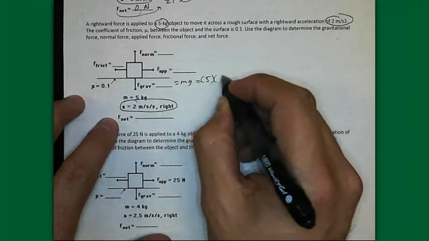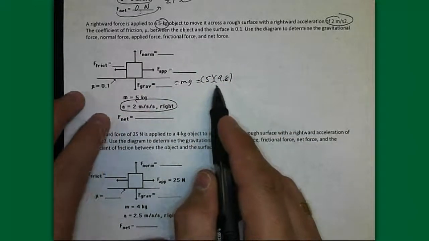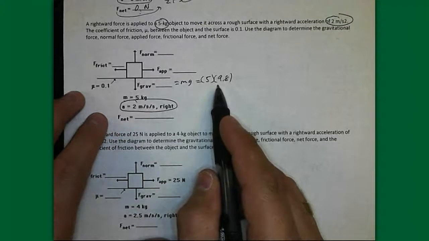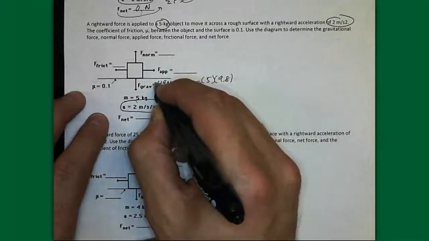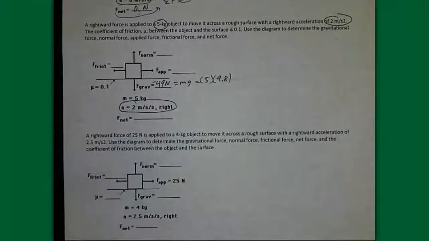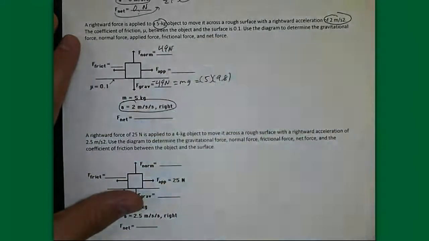Mass is 5, gravity is 9.8, and that gives me a force of gravity of 49 newtons, and it's negative because it's going down. Negative 49. And normal force and gravity are equal. That makes normal force 49 newtons.